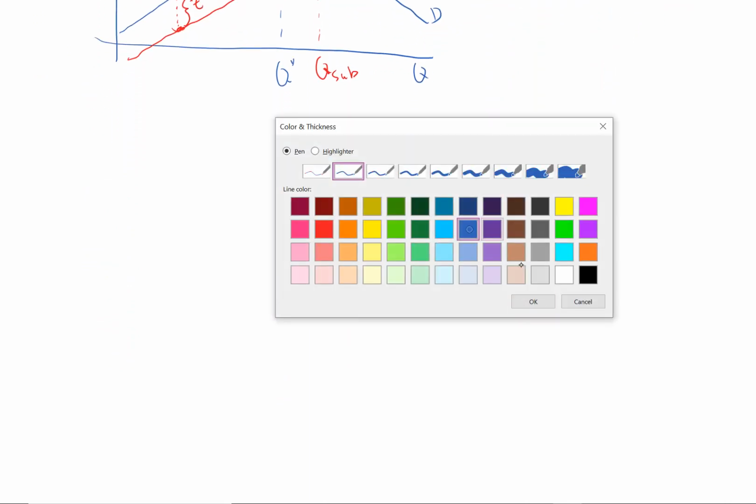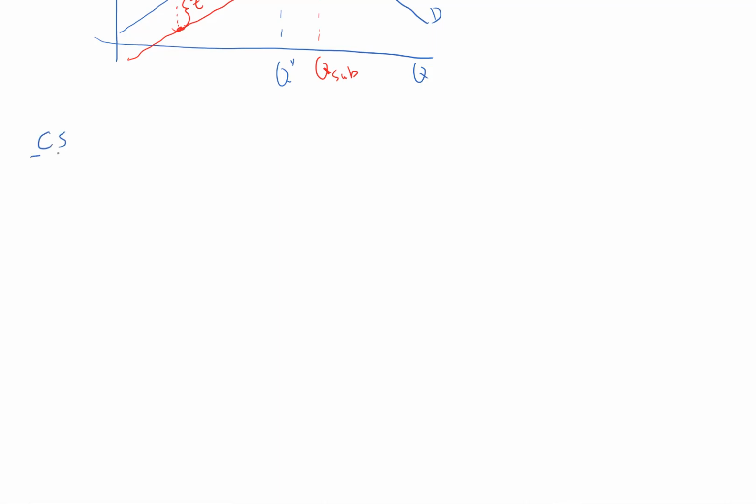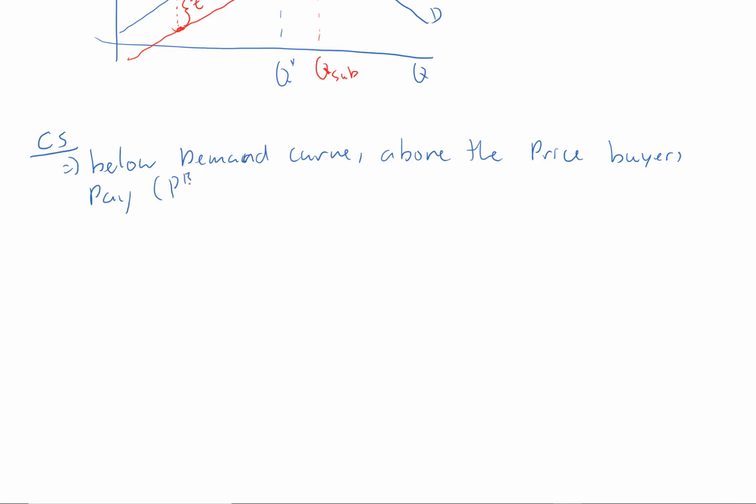All right, so I'm going to go back to blue. Let's first think about consumer surplus. Remember, it's below the demand curve, and above the price buyers pay, which here is PB, and it only counts on exchanged goods.